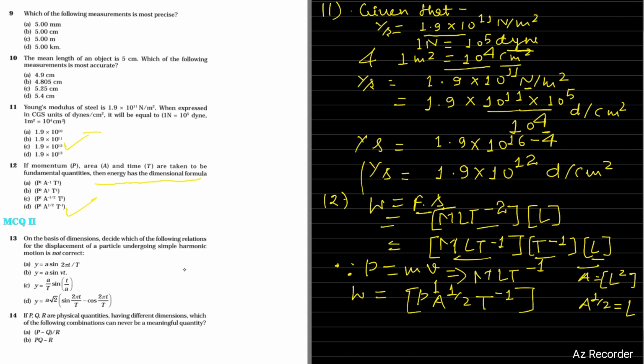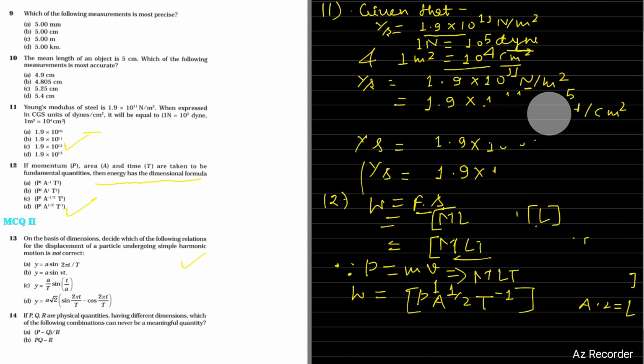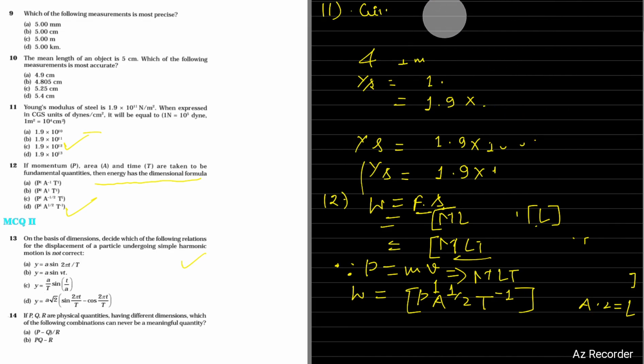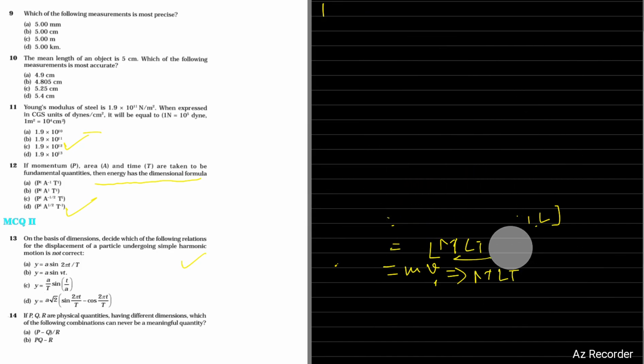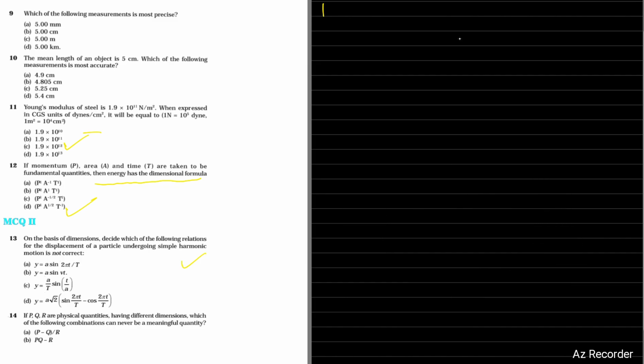Now question number 13. That is saying that on the basis of dimensions, decide which of the following relations for the displacement of a particle undergoing simple harmonic motion is not correct.